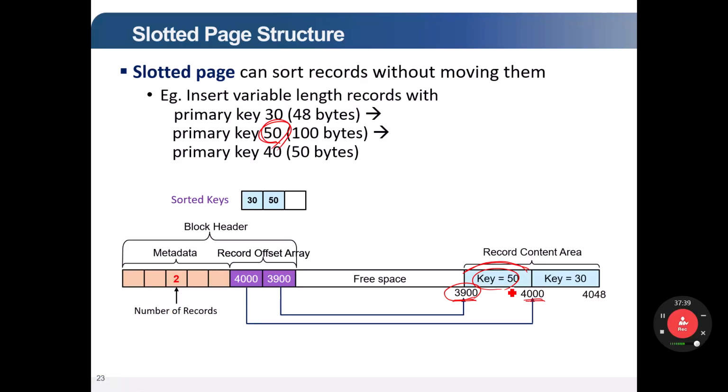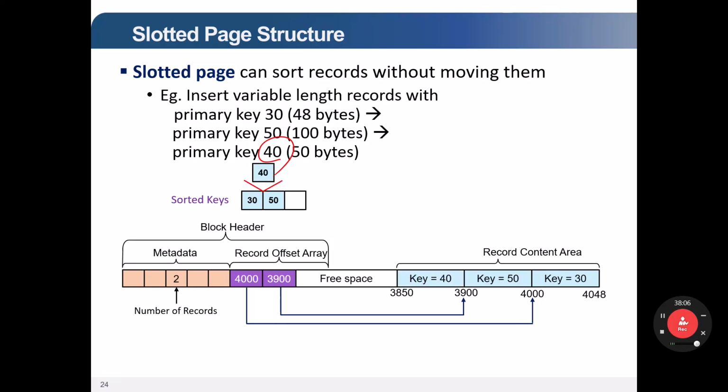So we store key 50 in the next position in the free space, and then we append another offset entry into the array, and increase the number of records counter. And then let's insert another one, key 40.